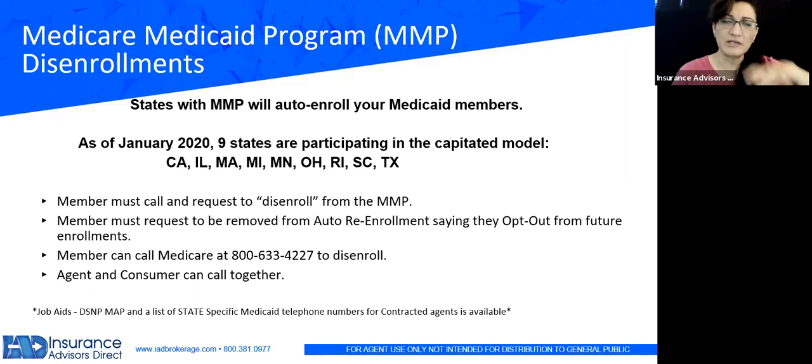So when you call in, they're disenrolling at that moment, and you're also requesting to not be auto-enrolled in the future, because those do come either quarterly or after 6 months. They'll get a letter trying to auto-enroll them again. So keep in mind, agents and consumers can call together.